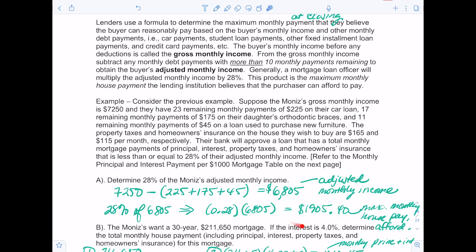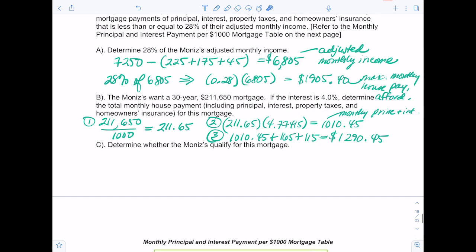That was 1905.40. Okay. And we just got, for our monthly house payment, 1290.45. So the maximum is $1,905.40, and their estimated house payment will be $1,290.45.